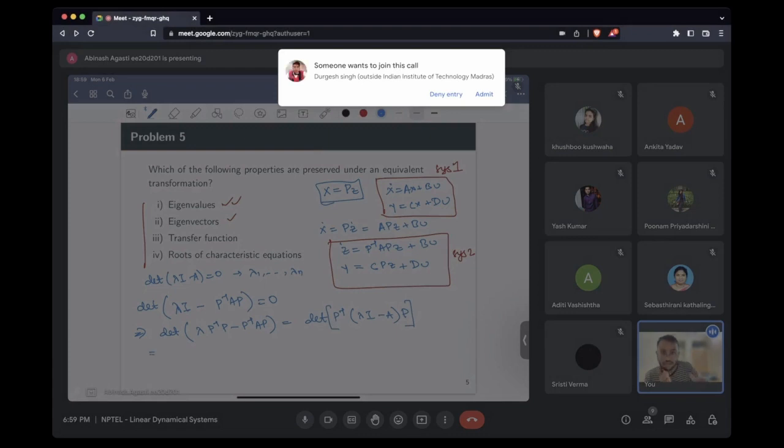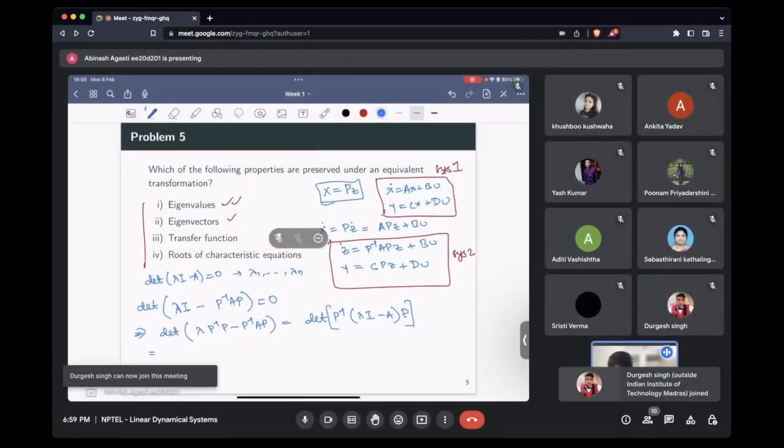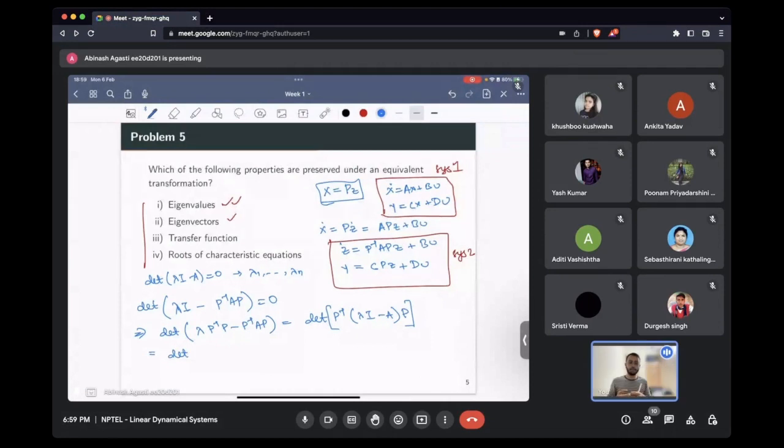Because the determinant of the multiplication of two matrices is the multiplication of the determinants, we can write this as det P inverse, det lambda I minus A, det P, equal to 0.